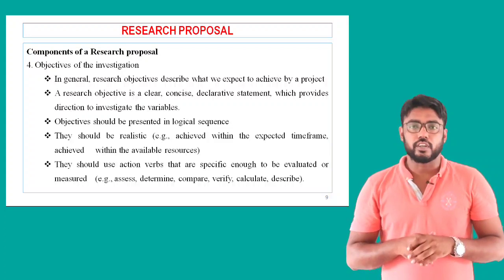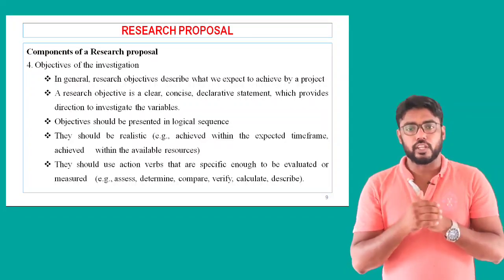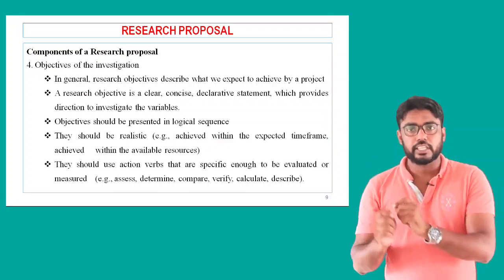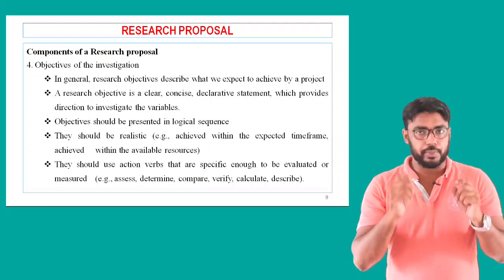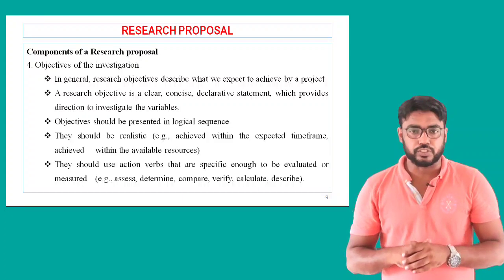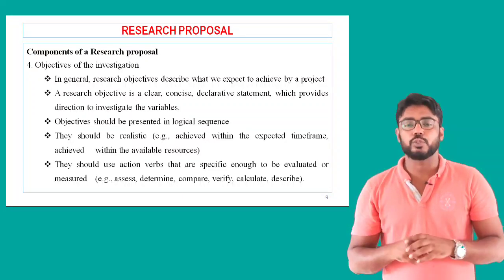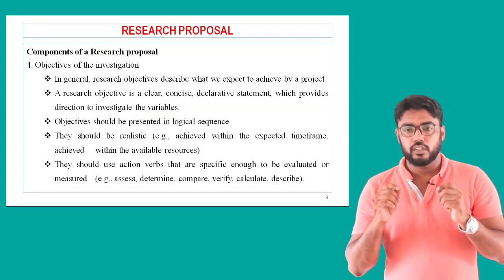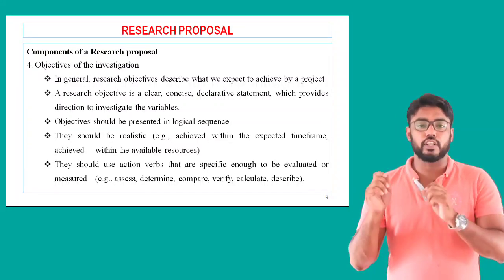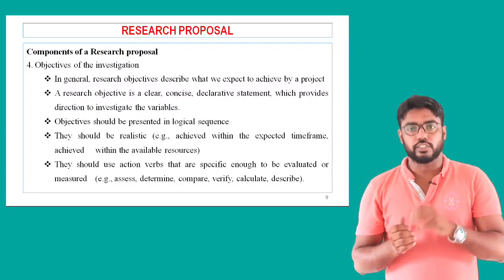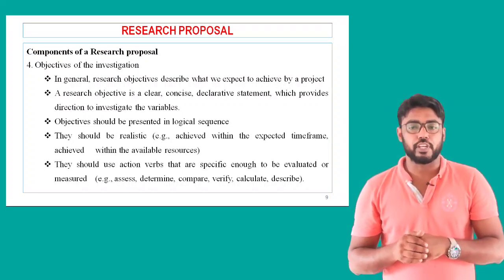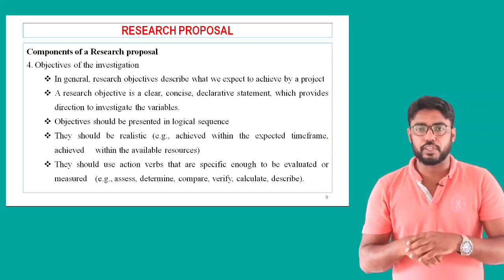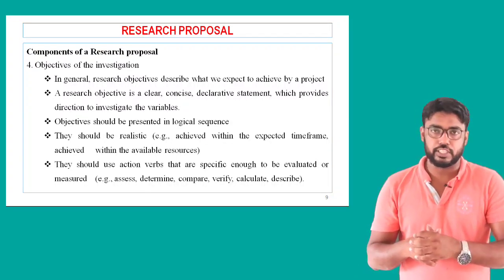They should be realistic, because they have to be completed in a time frame and with the available resources. You should use action verbs that are specific enough to evaluate information, like assess, determine, compare, verify, calculate, describe. This is the fourth component, objectives of the investigation.